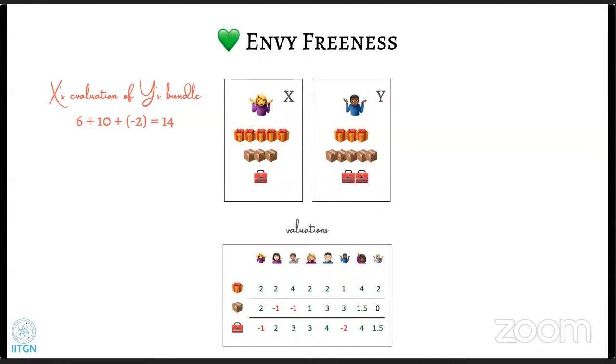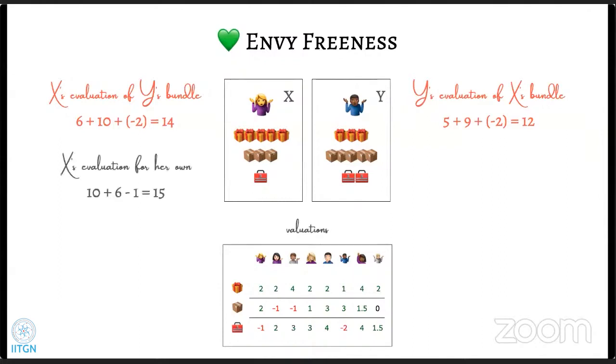Again, assuming that I got the addition right, there's a good chance that that's not the case, but let's just say that when X evaluates Y's bundle, she gets a total value of 14. And Y does the same. He evaluates X's bundle using his valuation vector, and he gets a valuation of 12 for X's bundle.